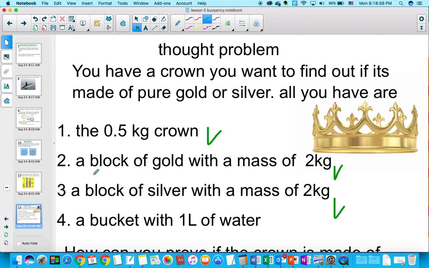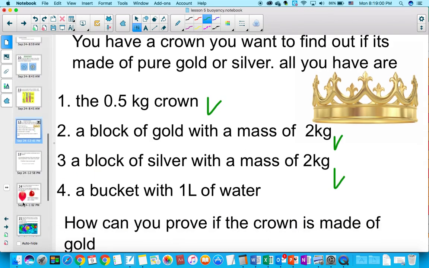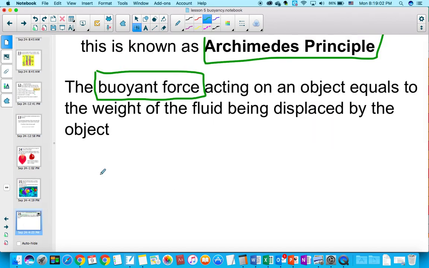You also need to know Archimedes' principle. You need to know that when you put an object in fluid, the buoyant force acting on that object is equal to the amount of fluid being displaced, right?